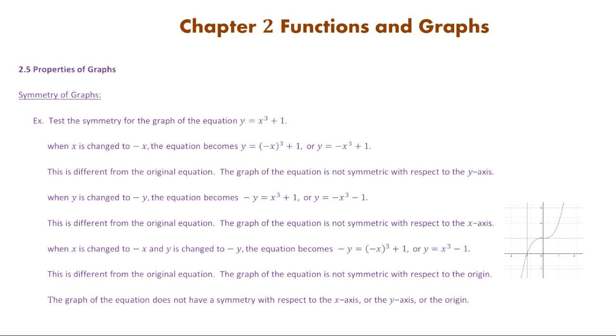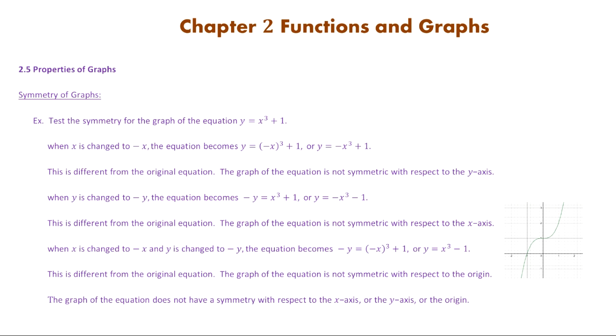For example, the equation y equals x cubed plus 1: if you change x to negative x, the equation becomes y equals negative x cubed plus 1, since the cube of a negative is negative. That's different from the equation we have in the problem, so we do not have a symmetry with respect to the y-axis.